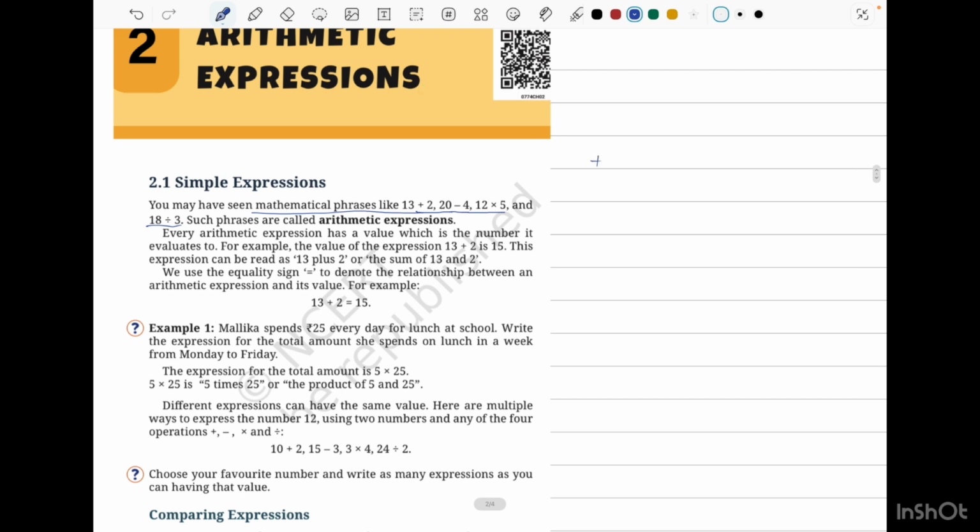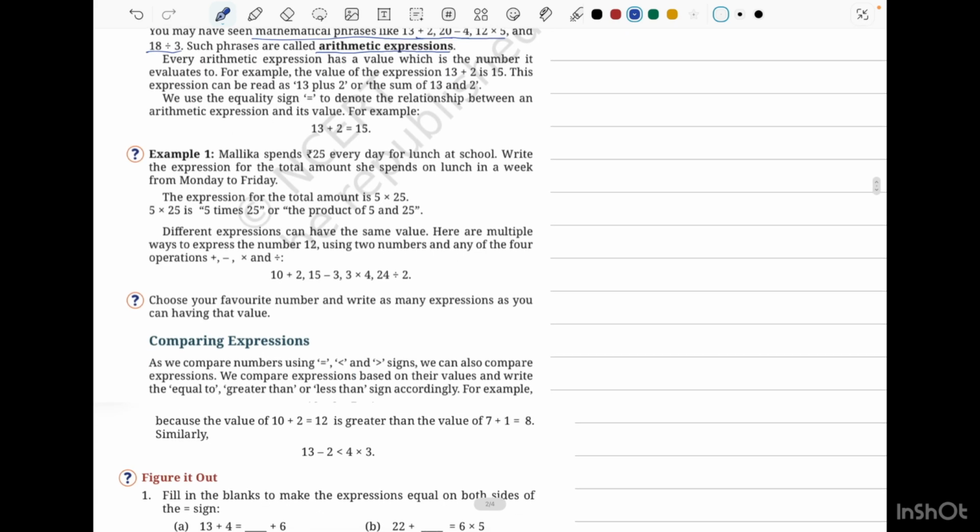The operations are plus, minus, multiplication, and division. These types of phrases are called arithmetic expressions. So for every arithmetic expression there is a value, which is the number it evaluates to.